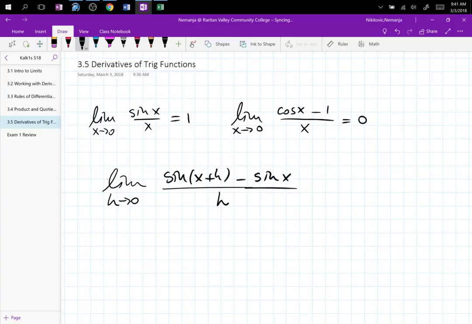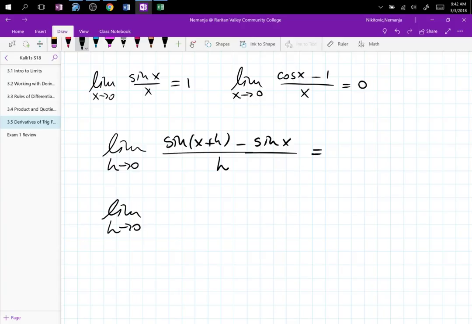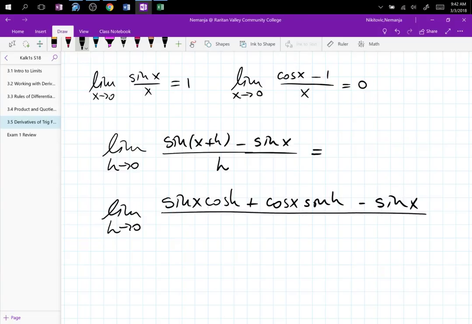This is just the standard definition, and then you expand the sine using the formula: sine x cosine h plus cosine x sine h, and you have minus sine x, everything divided by h.